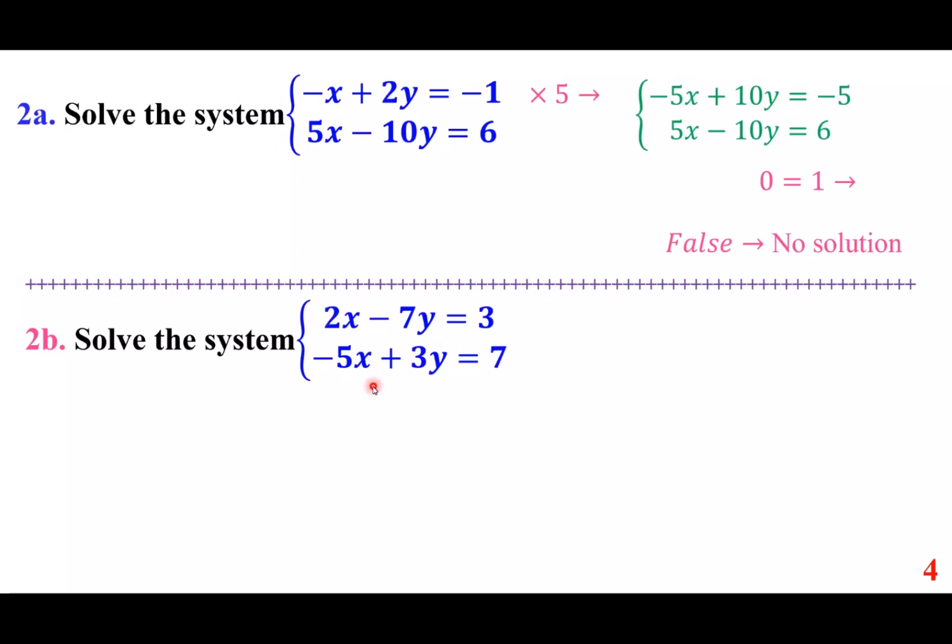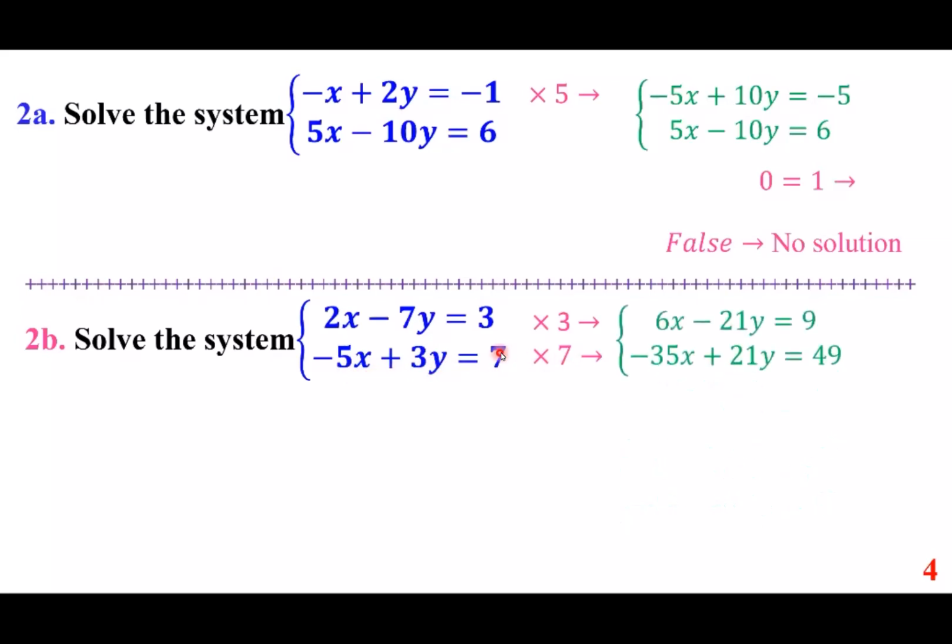You want to solve this system. If you want to get rid of the x, you can multiply the top by 5 and the bottom by 2. If you want to get rid of the y, you can multiply the top by 3 and the bottom by 7. Let's do that. So if you multiply the whole thing by 3, this becomes 6x minus 21y equals 9, and this becomes minus 35x plus 21y equals 49.